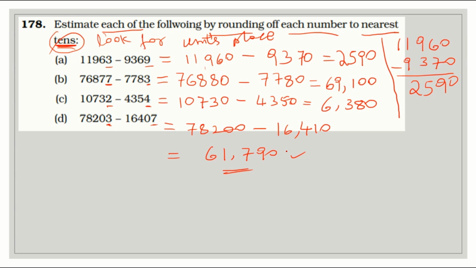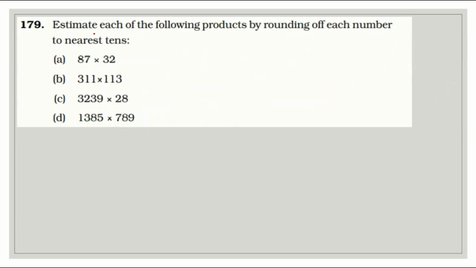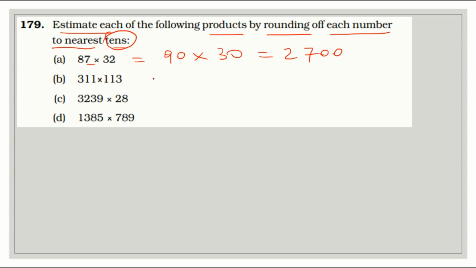Now coming to question number 179, estimate, again estimating only, each of the following products by rounding off each number to nearest tens. Here tens, so we need to look for units place. 87 becomes 90, 32 becomes 30, their product is 2,700. 311 becomes 310 into 113 becomes 110.